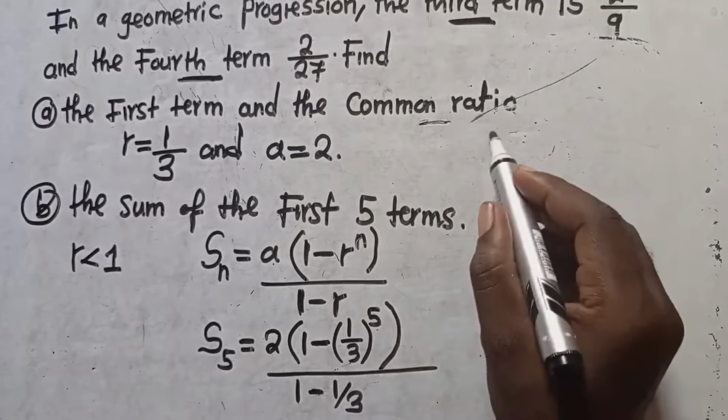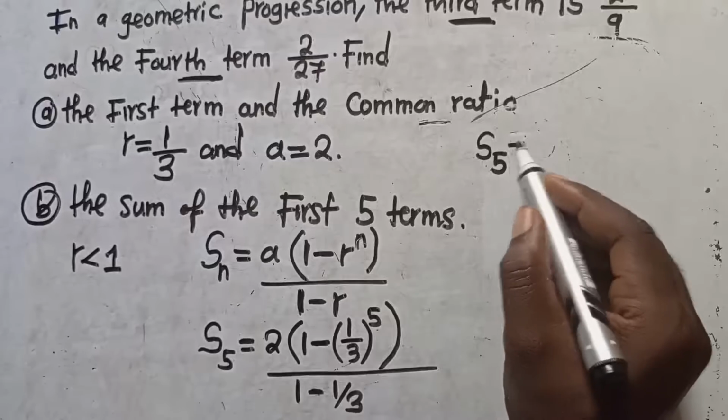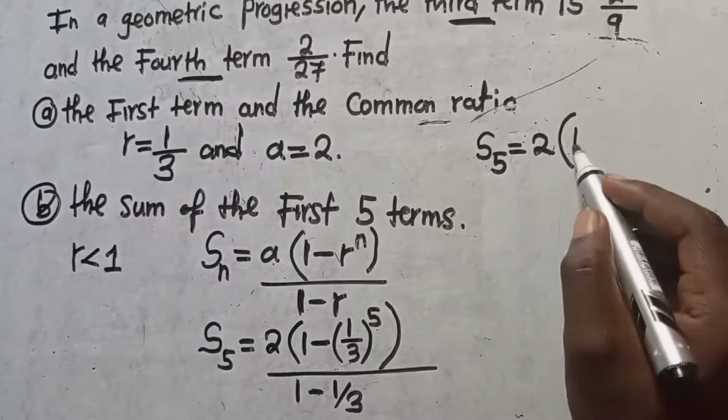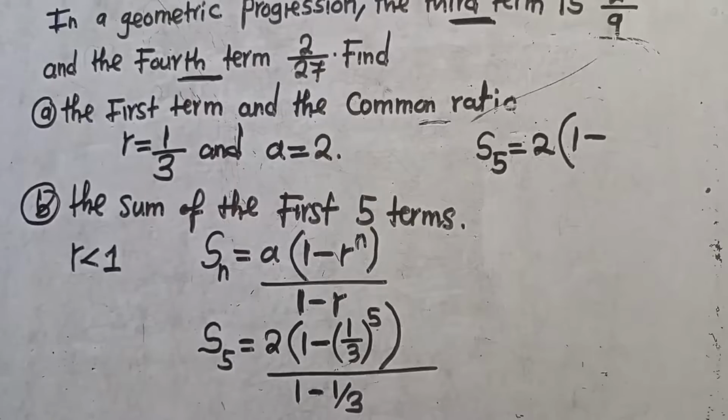I say the sum of the first 5 terms is equal to 2 times 1 minus. What answer am I going to get? When I say 1 to the power 5, I am going to get 1. I guess you know that.